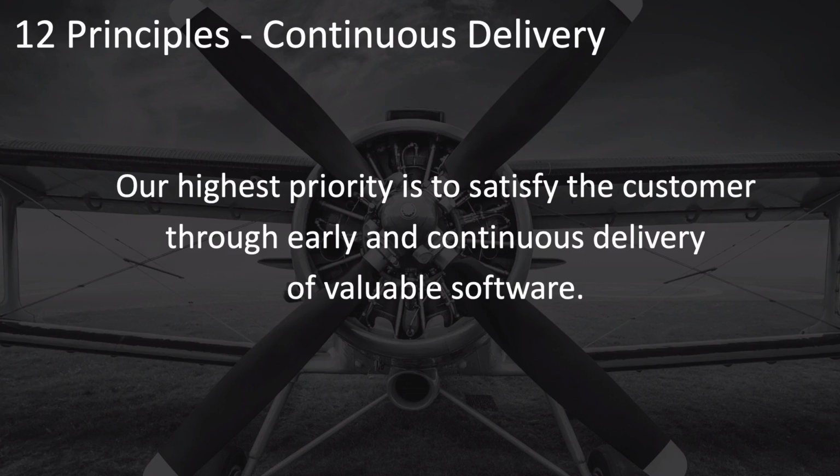Notice the emphasis on satisfying the customer as the first principle, and also that valuable software is delivered early and continuously, rather than taking the entire duration of the project to come up with something that is valuable. In other words, value needs to be delivered in increments that continually increase the capability and functionality and features of a piece of software.